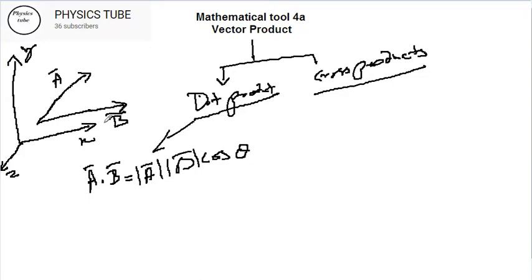Now we have seen in the previous video, it may happen that a and b both lie in the same plane, or one of them in one plane and another in another plane, but in all cases they have some angle between them, that is theta. Suppose the b vector lies somewhere here.